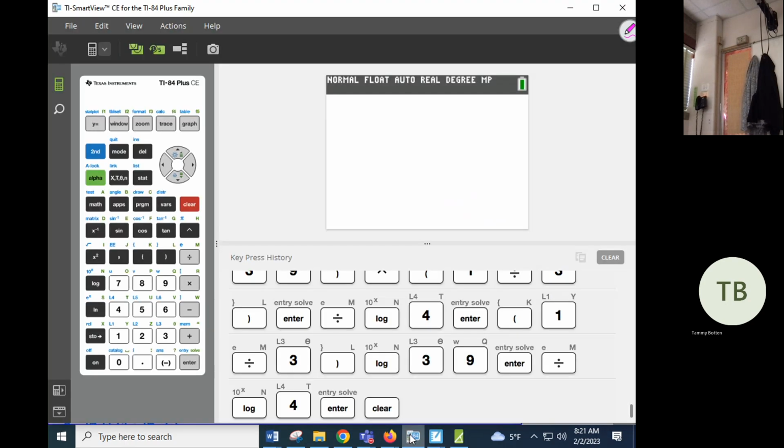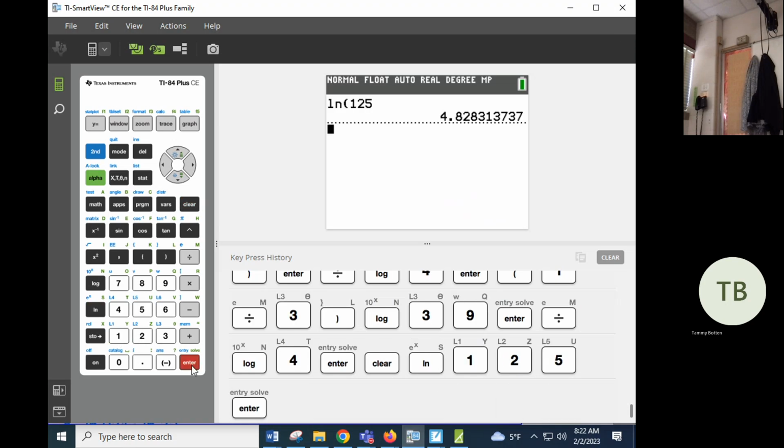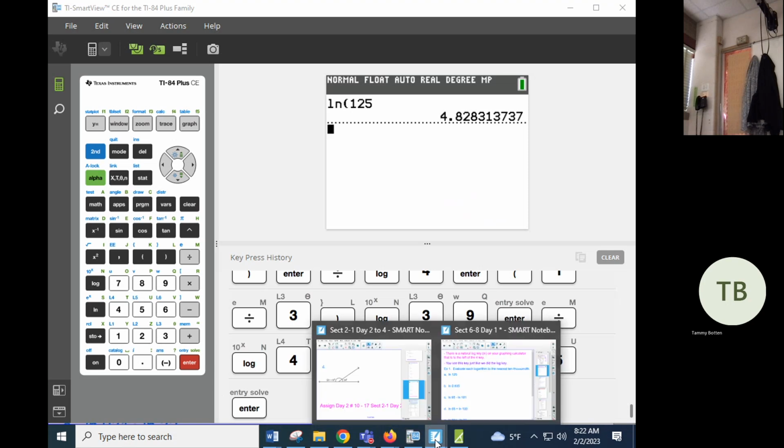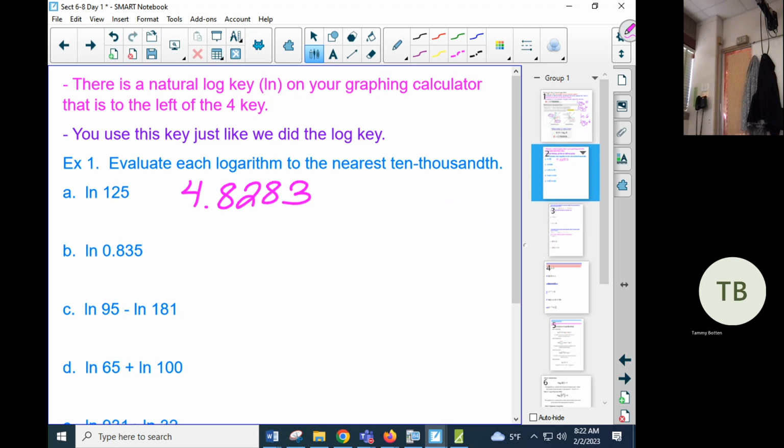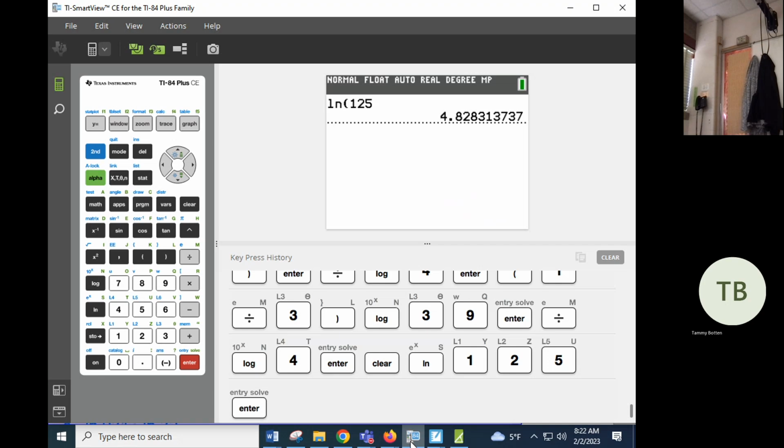All you have to do is hit this natural log key, 125, enter, and we're going to again round to the nearest 10,000, which is 4 places. So 4.8283.